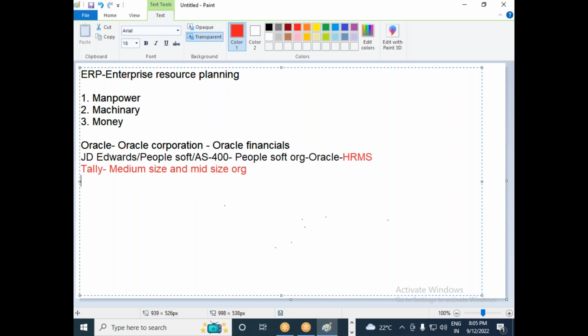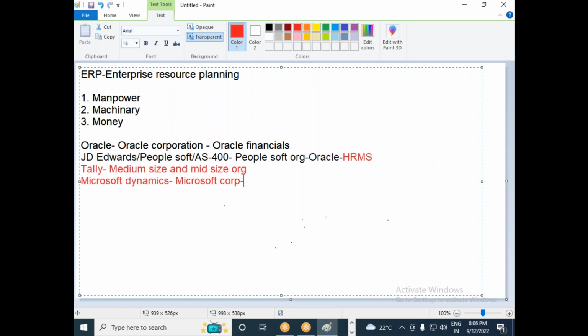Then we have Microsoft Dynamics. You might have heard about it. Microsoft Dynamics is owned by Microsoft Corporation, right? Microsoft Dynamics was widely used in sales and distribution-related processes. In my company, I am producing a car. I want to sell to the customer, right?